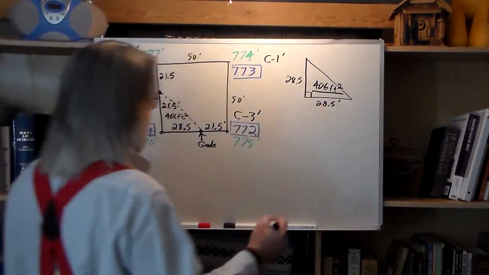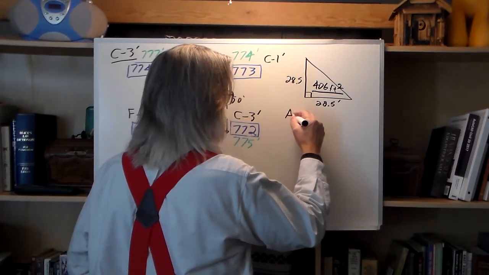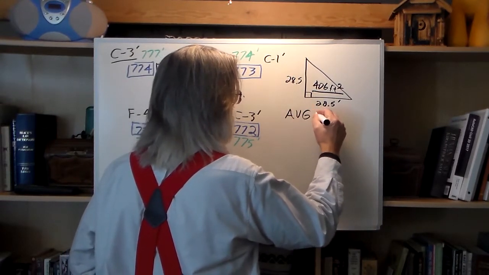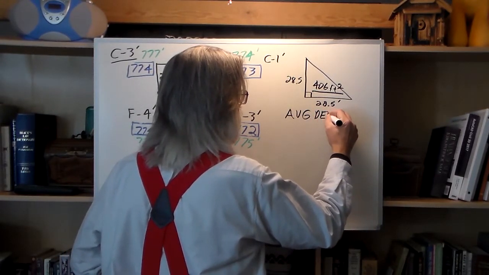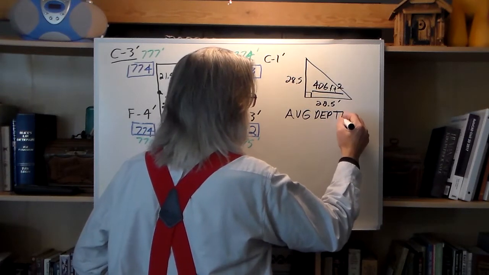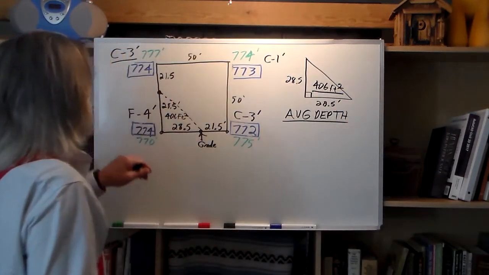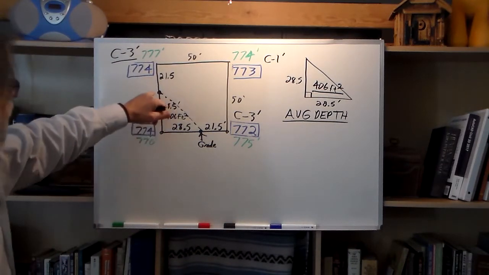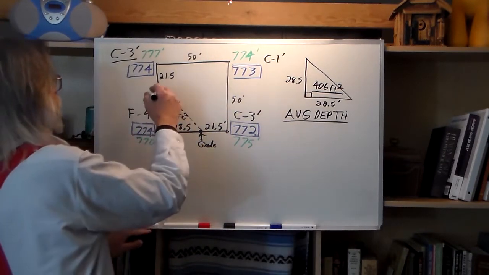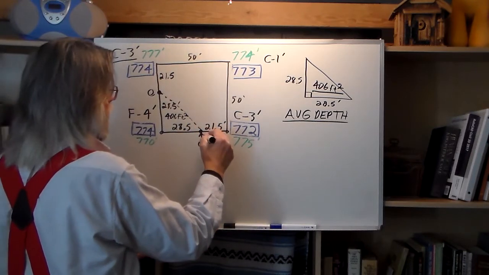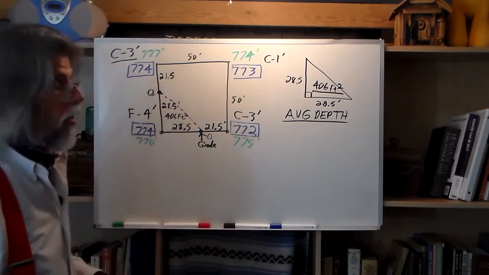Now we got to figure our average depth. Well, our average depth for these 3 points, you add them up and you divide by the number of points. Well, we got 3 points. This is a 4. That's a 0, and that's a 0, because you have neither cut nor fill at either grade point.